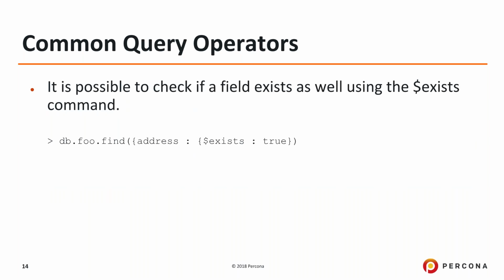It's possible to check if a field exists in Mongo. Because Mongo is schemaless, usually all your documents should have the same fields, but let's pretend we've rolled out a new release to our app and we've added a new field. Older documents won't have that field, and it might be smart, when we do our queries on that field, to check if it actually exists, because we might just scan a whole bunch of old documents trying to find the address field in this example, and maybe it's not there.